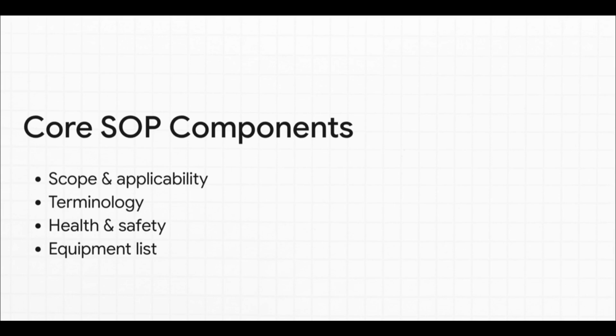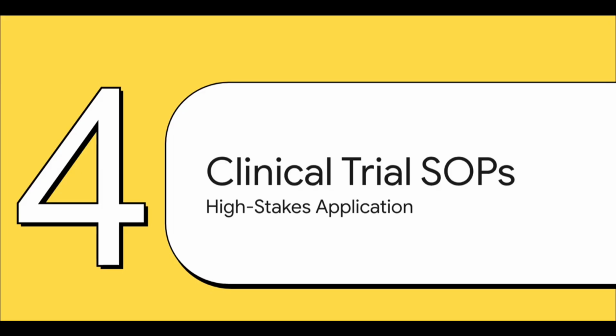These warnings need their own dedicated section, plus they have to be listed right alongside the specific procedural steps where they become an issue. And finally, equipment and supplies. This has to be a complete, exhaustive list of what you need, exactly when you need it, and exactly where to find it.